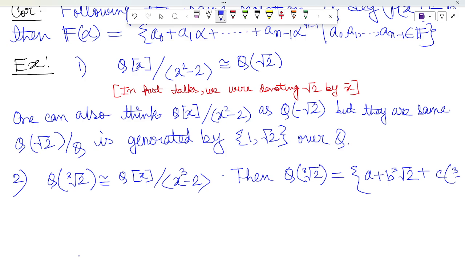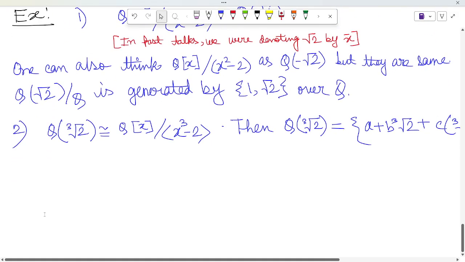I mean, that equation also has solutions in C, but we are confined ourselves inside Q. So other solutions will not be there.